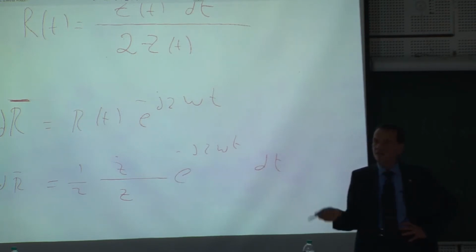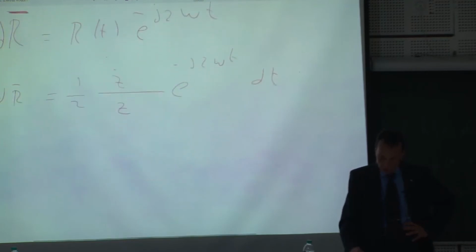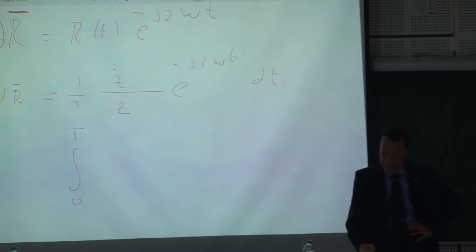I think going from one to the other, this transfer is easy. Okay, and now I add together all these contributions. So I will have an integral. I started actually from 0 and maybe go to a certain maximum, call it capital T, I don't know where, of 1/2 Z dot over Z e to the minus j twice omega t dt.